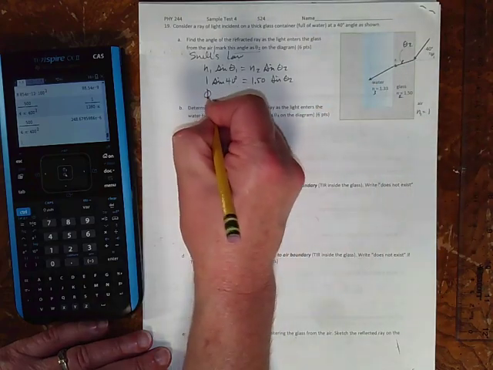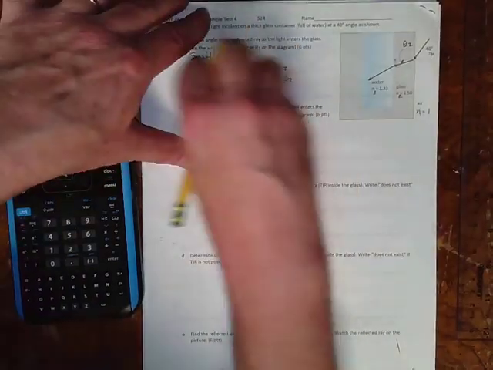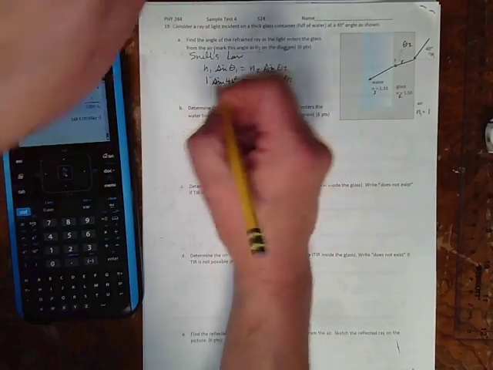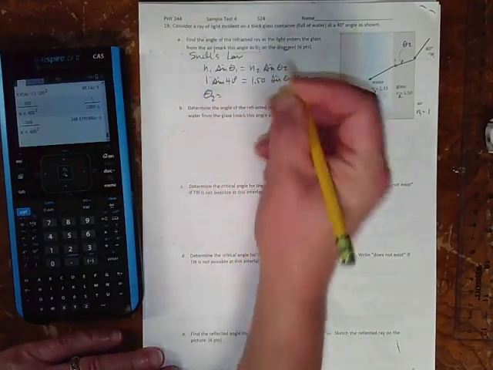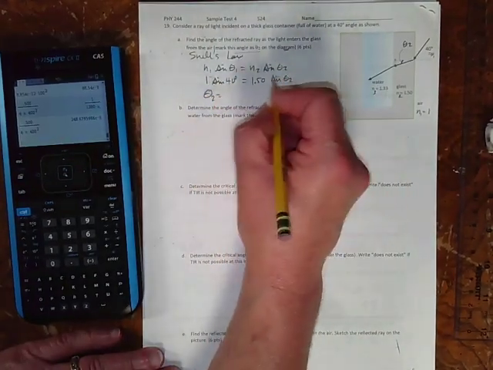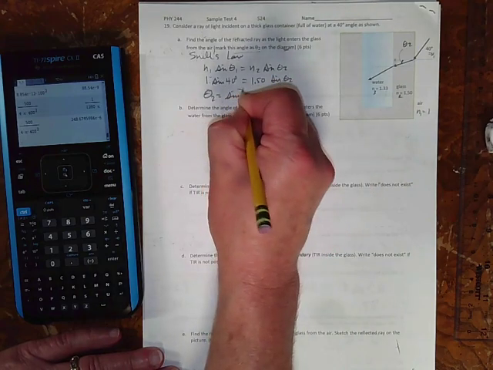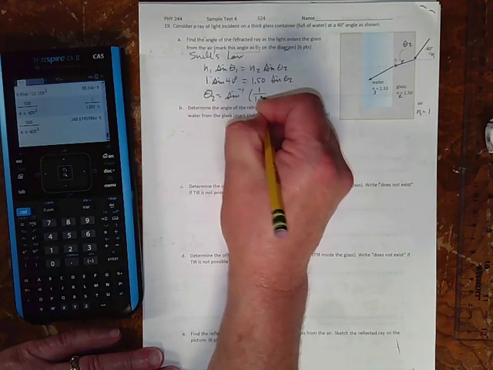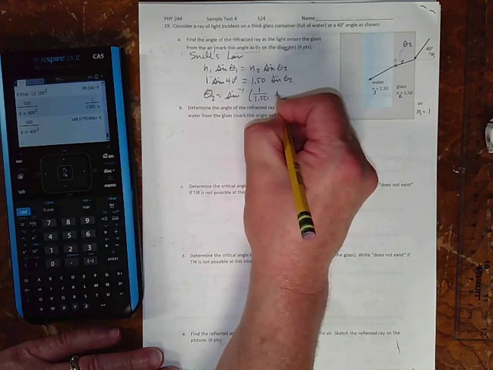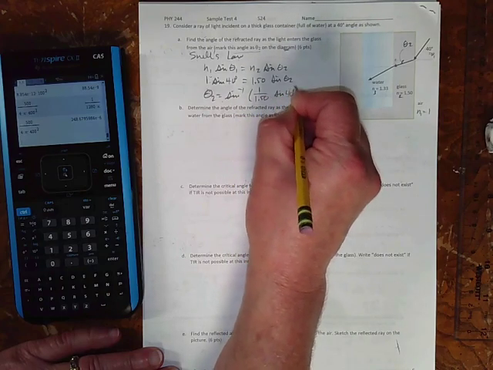So theta 2, solving for theta 2, divide through by the 1.5 and take inverse sine.